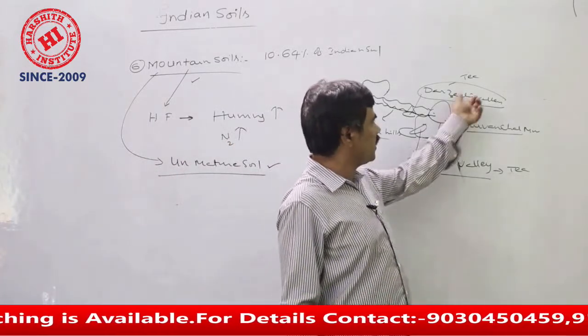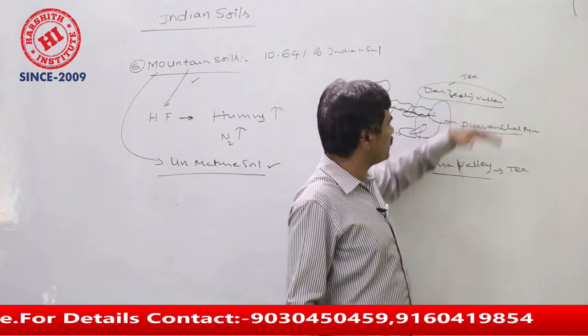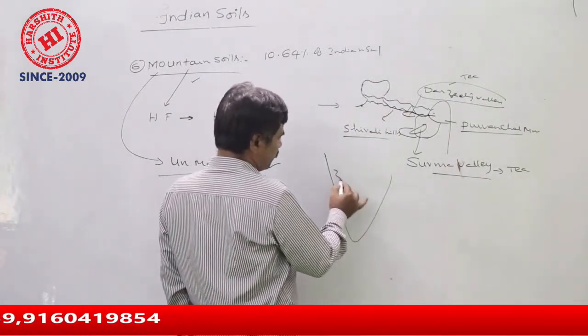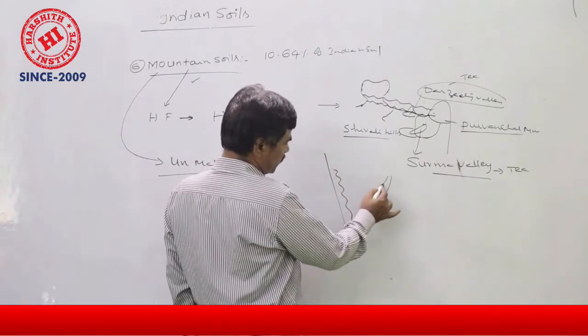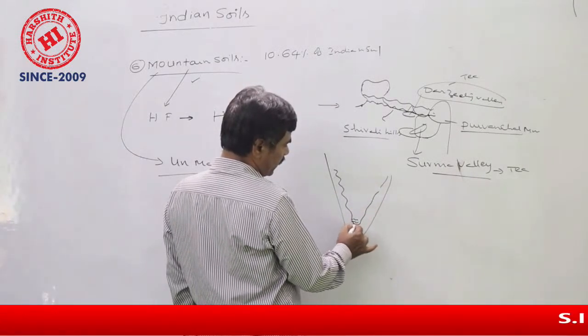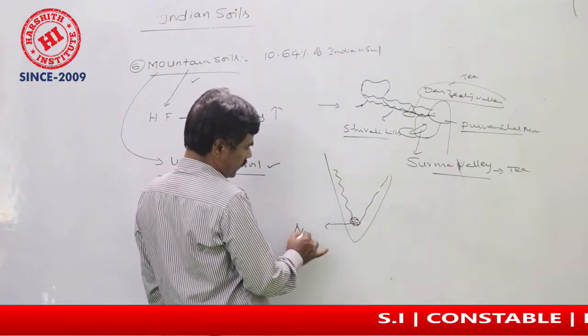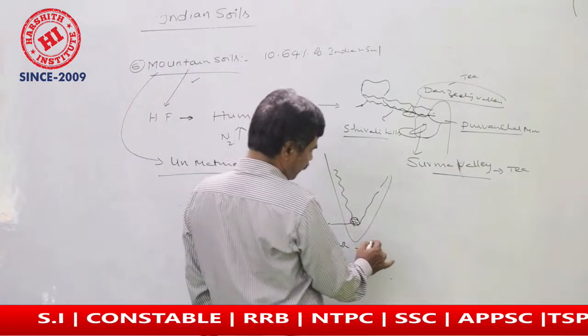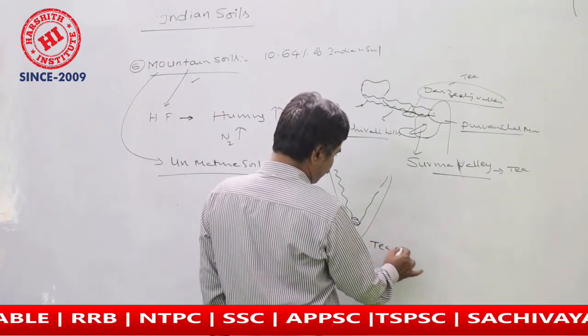In India, the first tea cultivation was in Darjeeling Valley. In South India, the maximum tea cultivation at present is in the Nilgiri mountains, which are famous for tea and coffee gardens.